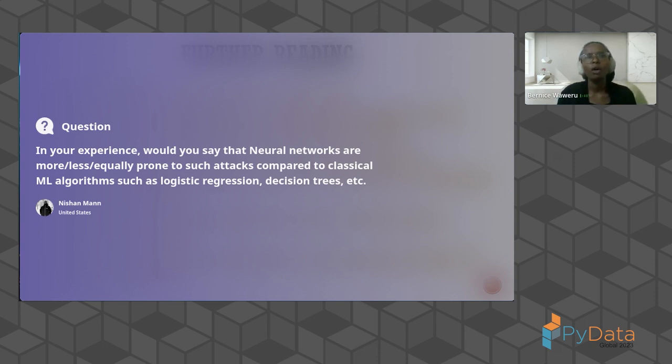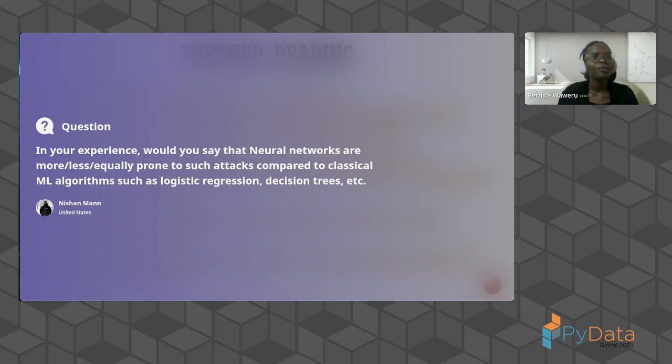The simplicity of logistic regression and traditional ML algorithms makes them less prone to this, but it doesn't mean they don't face this problem. You could also generate adversarial examples that would trick classical ML algorithms. I can also add a comment later on to Nishan.